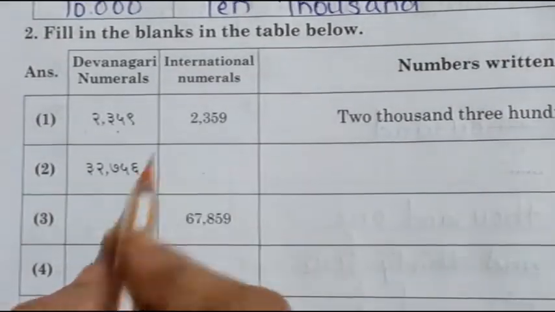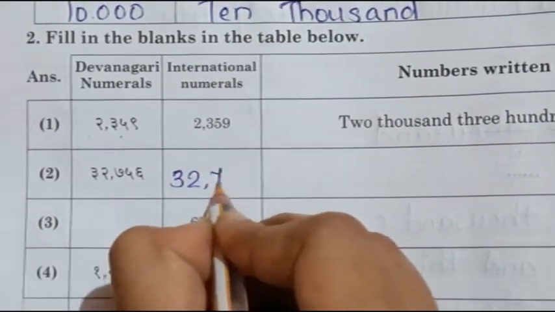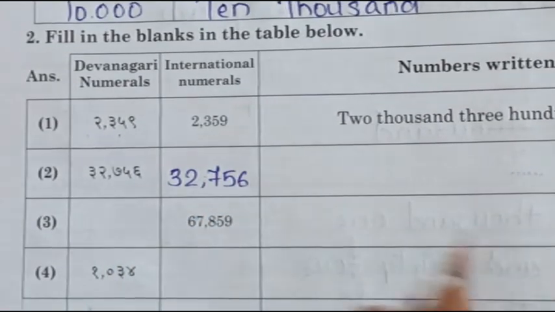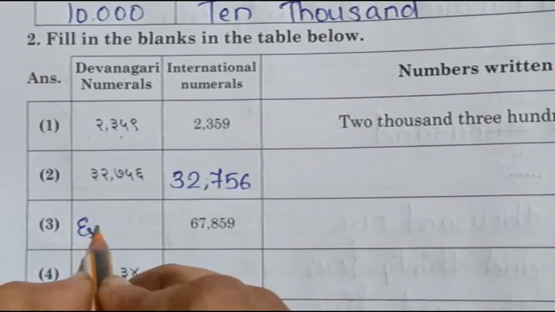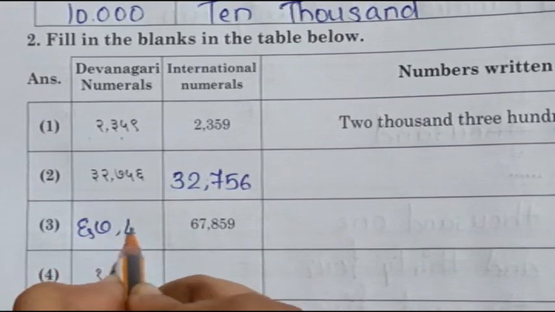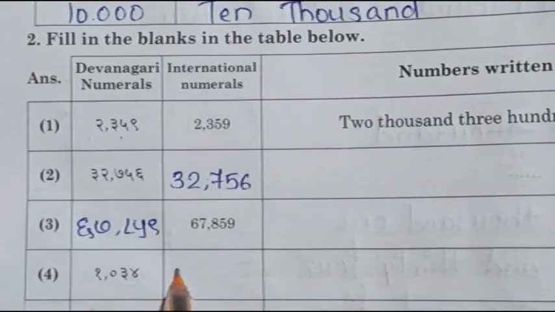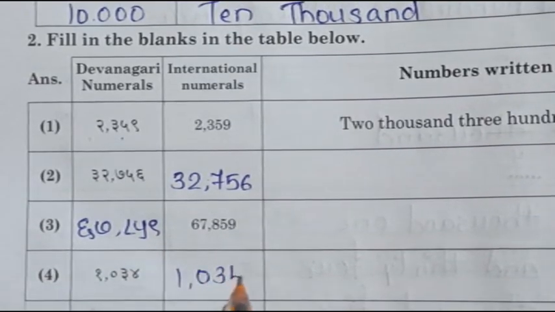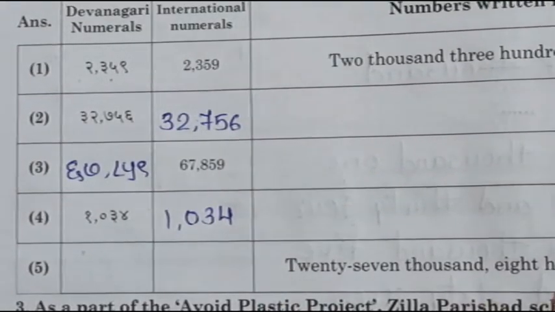So here the first number is 32,756. Okay, first I'll write this in Marathi, then here 67,859. Okay, here it is 1,034. And the fifth one you have to write in words.